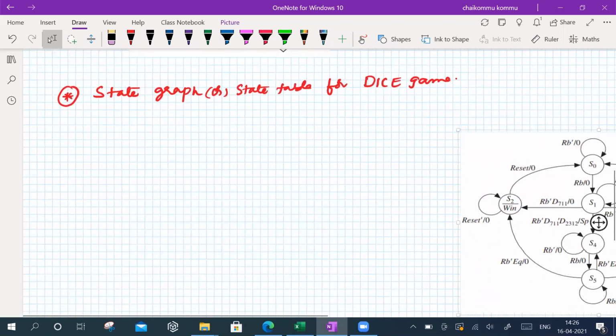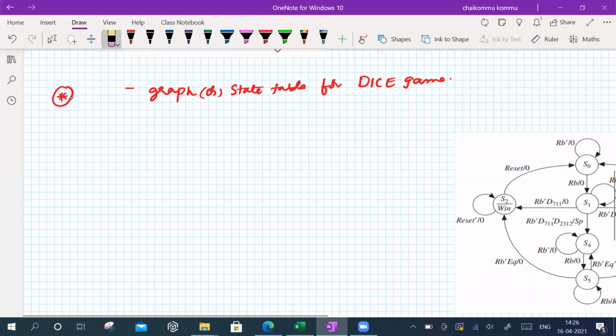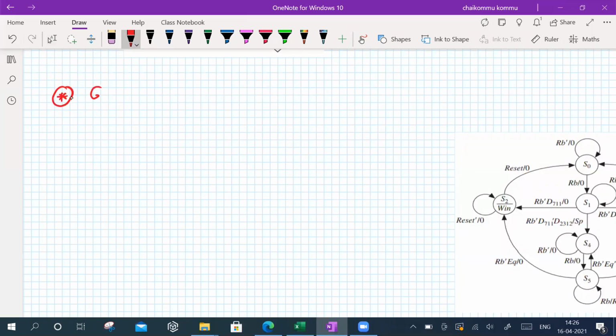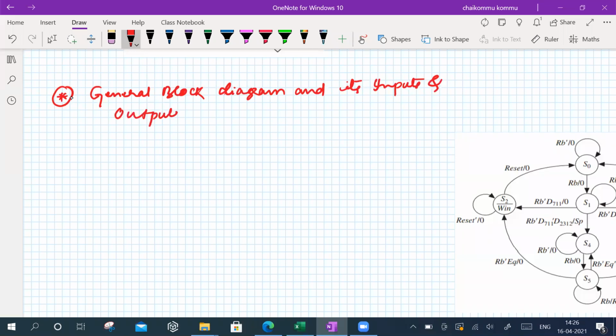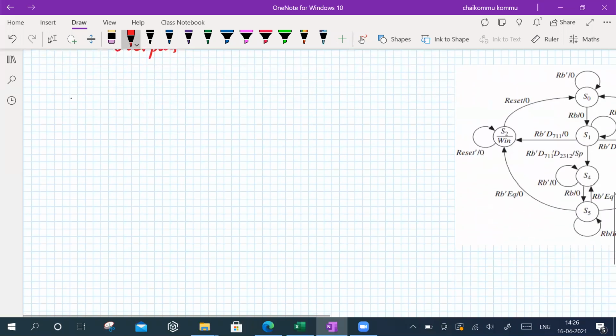General block diagram, let us write now, and its inputs and outputs. How does this diagram look like?